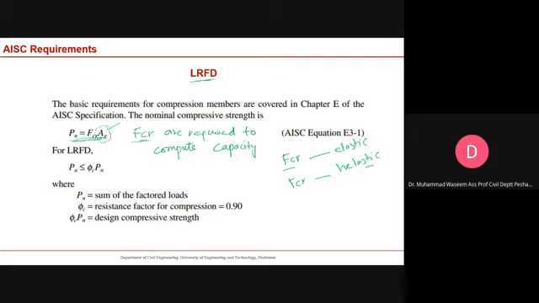If you multiply the critical stress with the gross cross-sectional area, you will get the nominal compressive strength of the member. If you multiply this with the phi c value, you will get the design compressive strength of the member. This phi c value in LRFD takes a value of 0.9, and this design capacity should be greater than the demand, based on the LRFD approach.